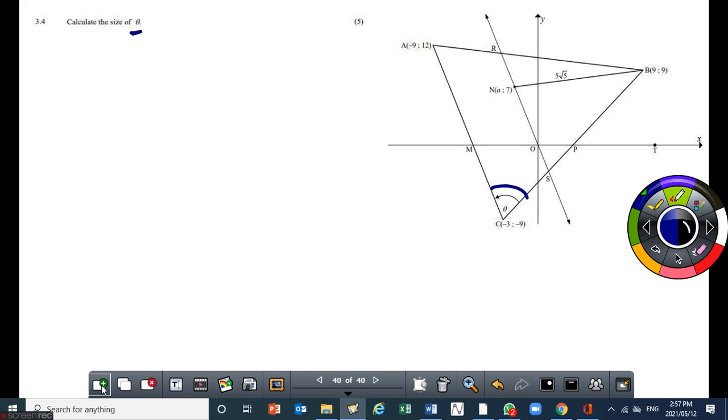In grade 11, you learn this. Your angle of inclination, okay? In my class, I told you the definition for angle of inclination.